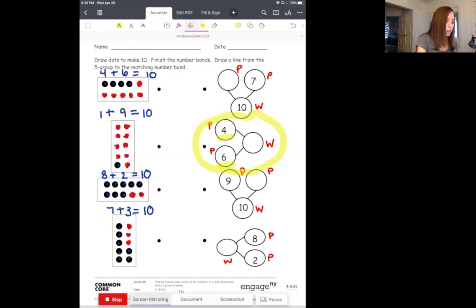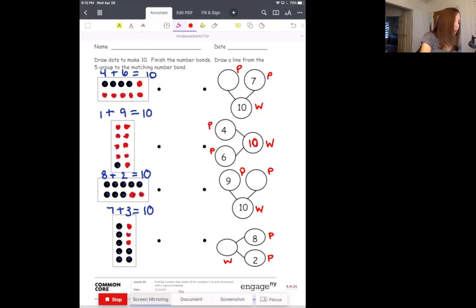Now let's see if this works. If this is a 4 and a 6 in the parts, that means our whole number, we have a 4 and a 6, would have to be 10. Is 10 the biggest number? Yeah, I think that works. So go ahead and you can type with your pen. You can go ahead and put your 10 in here.